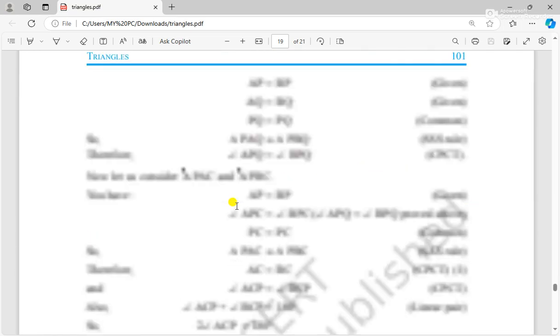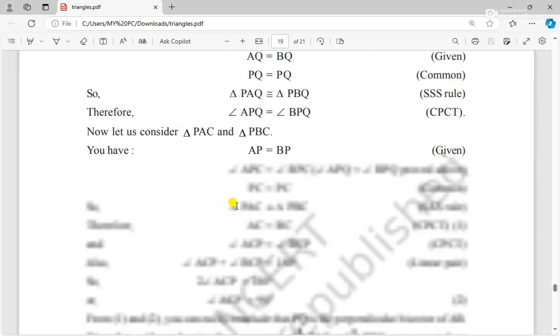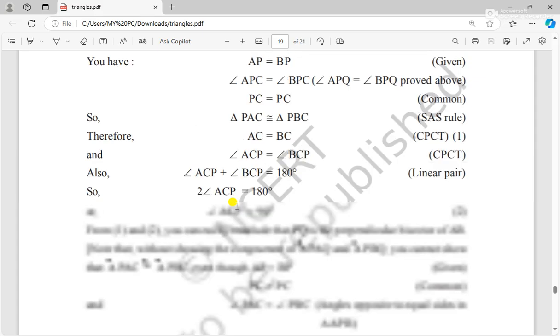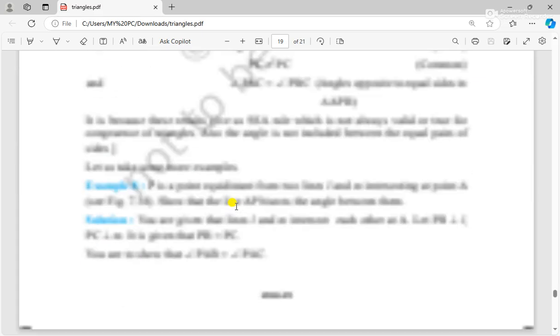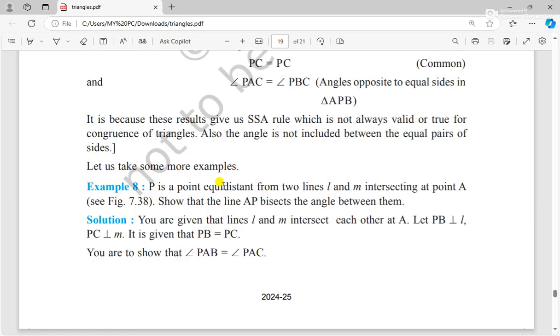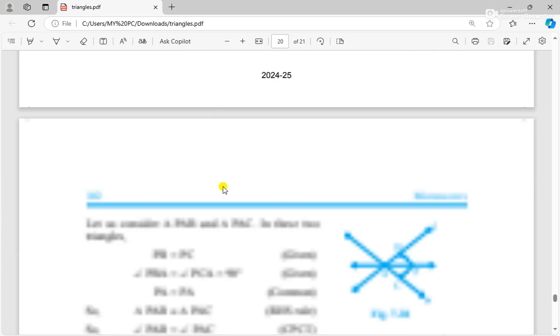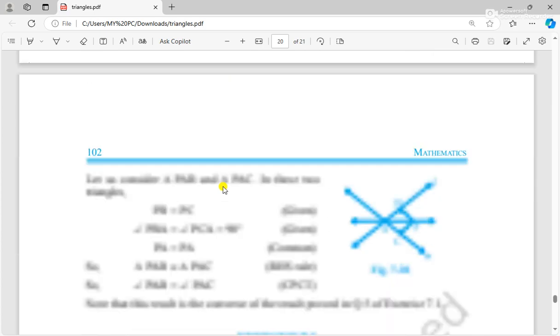And the next one is what we get here, you see, these are various examples given. We will solve the questions of the other part, right? In the next video we will solve exercise 7.3, right?